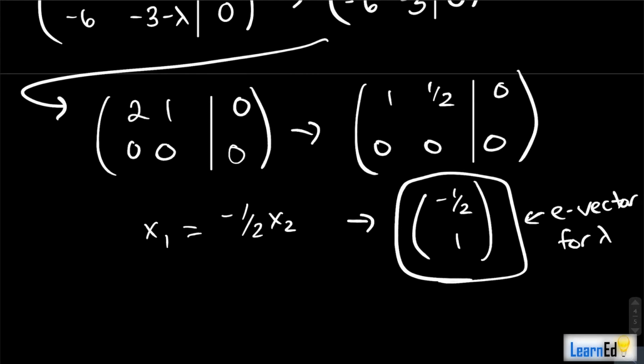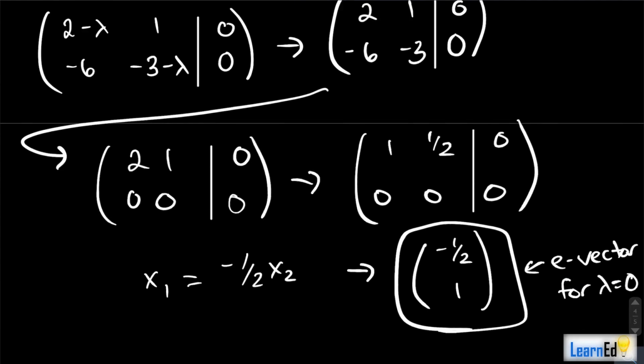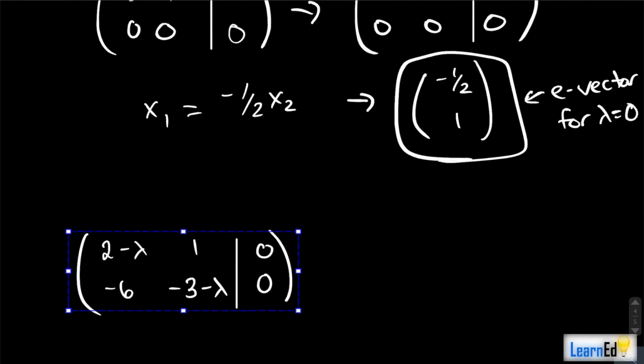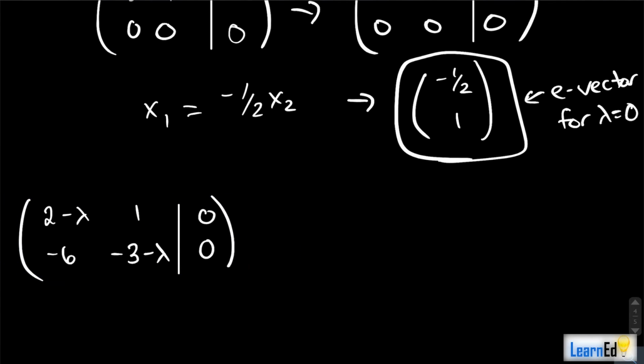for lambda equals 0. For lambda equals negative 1, we can repeat this. If we go through and put that negative 1 in, we'll have a 3, 1, negative 6, and then negative 3 minus a negative 1 is going to give us negative 2. Again, we augment that with 0.